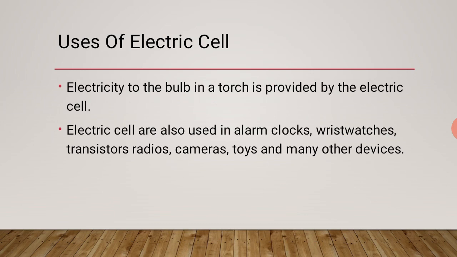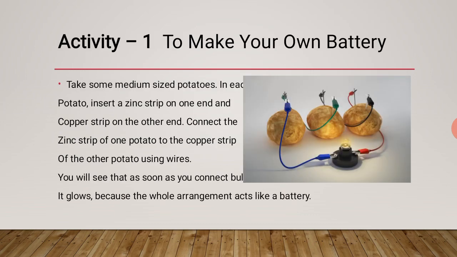Next we are going to see the activity to make our own battery. This is a very simple activity, guys. To do this activity we need to collect some potato, zinc strip, copper strip and connecting wire.